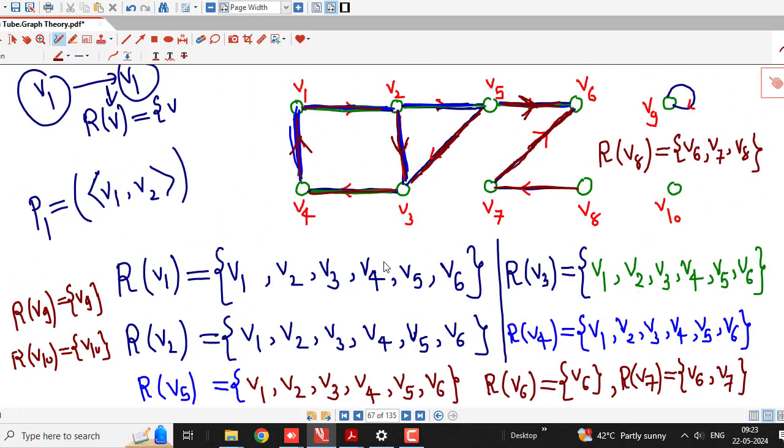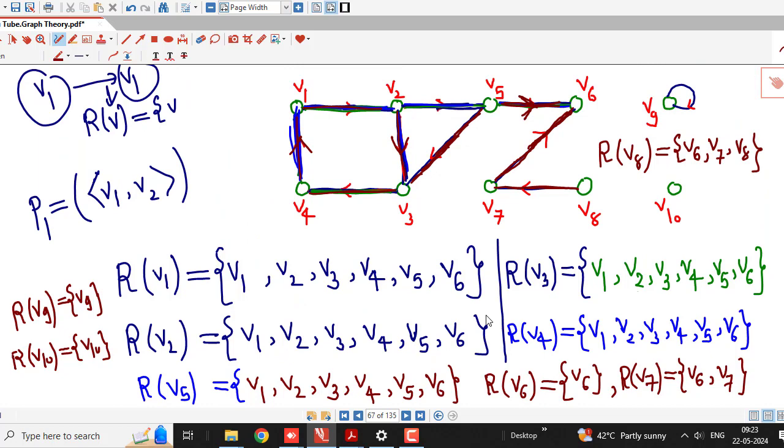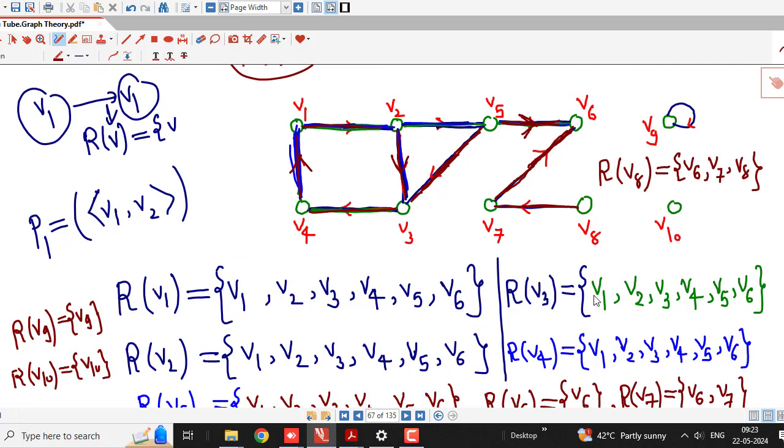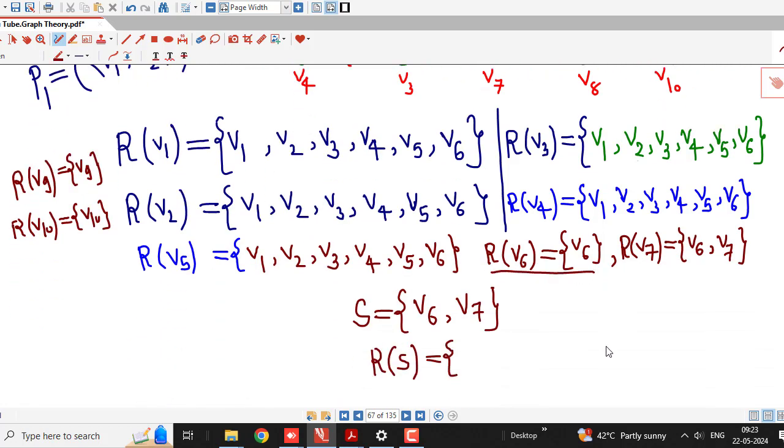For example, if we consider S equal to say V6 and V7, then reachable set of capital S is the set of all those nodes which are reachable either from V6 or V7 or from both. So first we consider which vertices are reachable from V6. We have obtained that there is only one vertex V6 which is reachable from V6 itself.